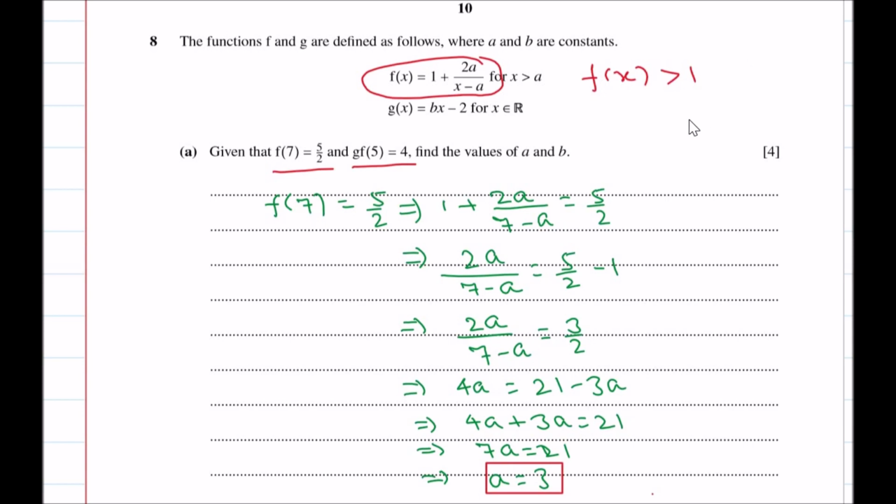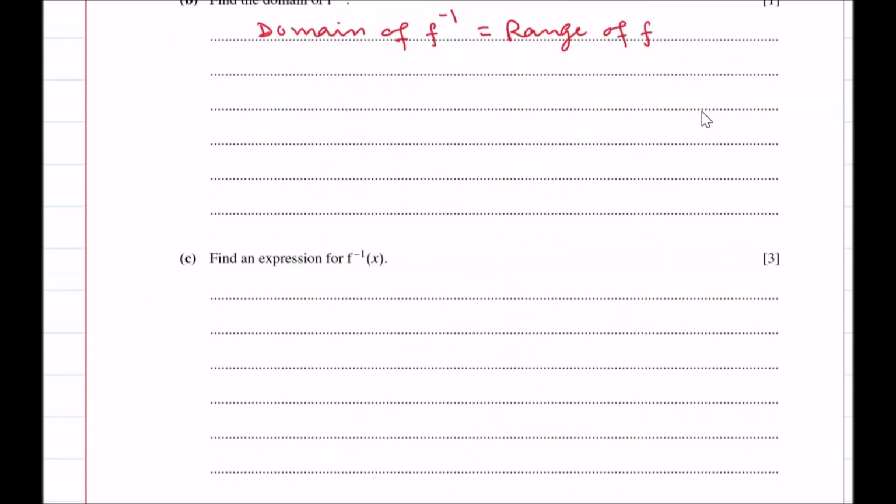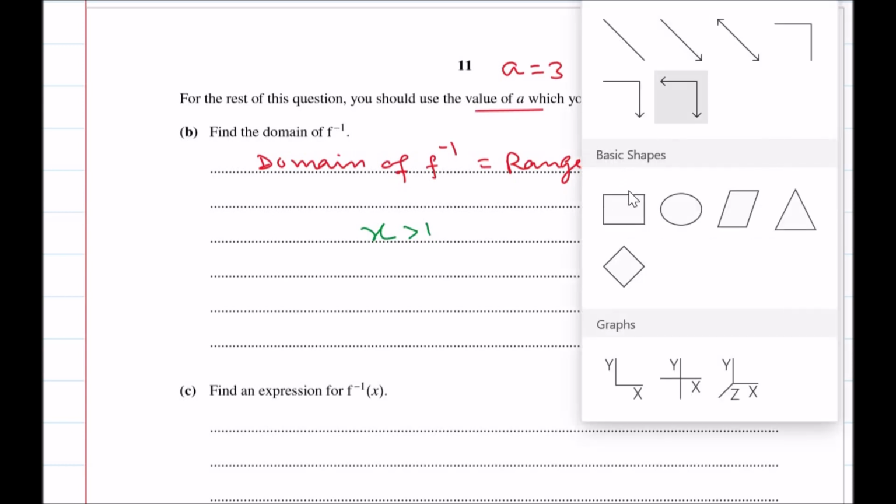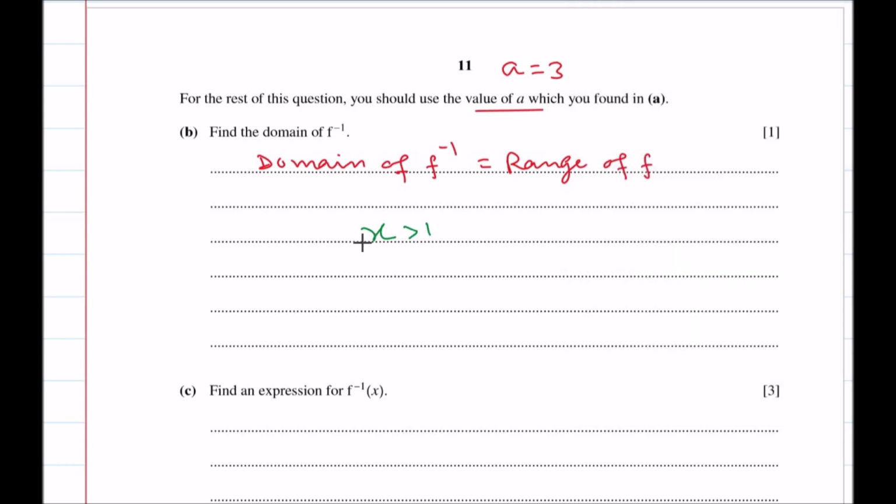So what does it mean? The domain of f inverse will be x greater than 1. This is the answer. Let me put it in the box. Okay. This is just a 1 mark question.